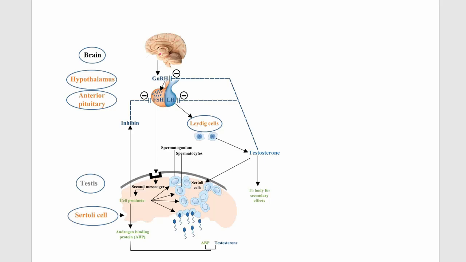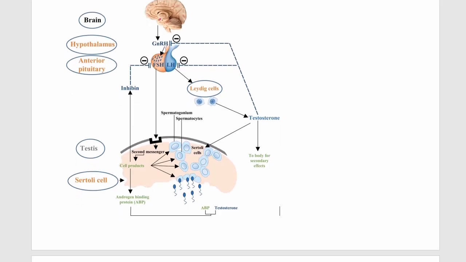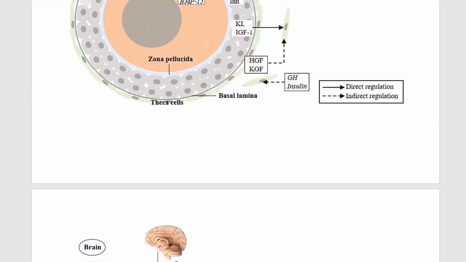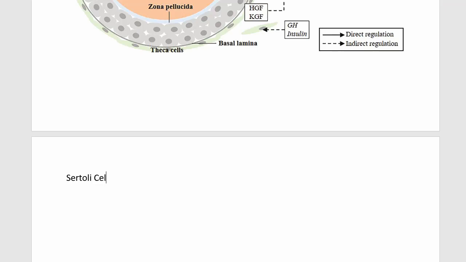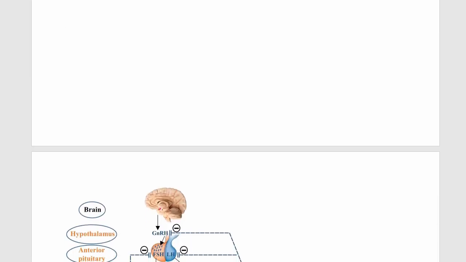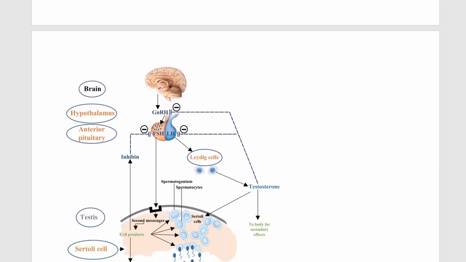So Sertoli cells are the primary target for follicle stimulating hormone. So again, in the same way as it was with women, Sertoli cells are FSH. So FSH stimulates these cells to support sperm development.